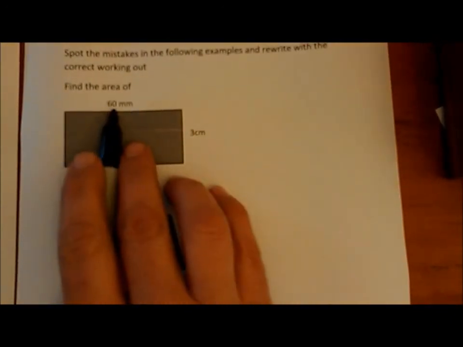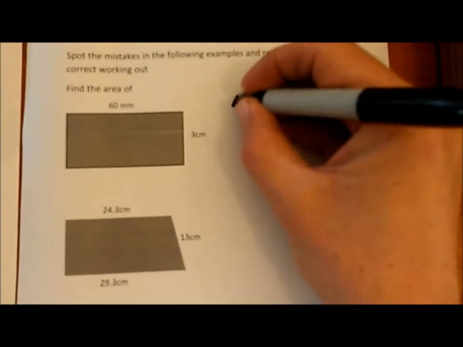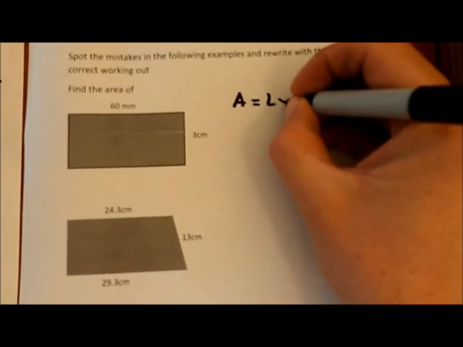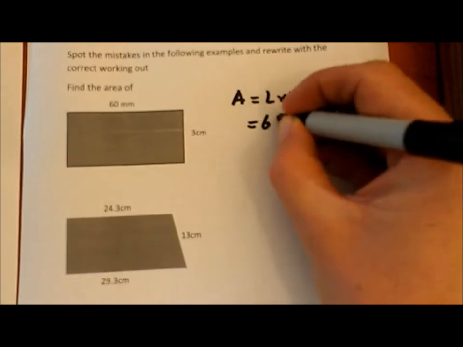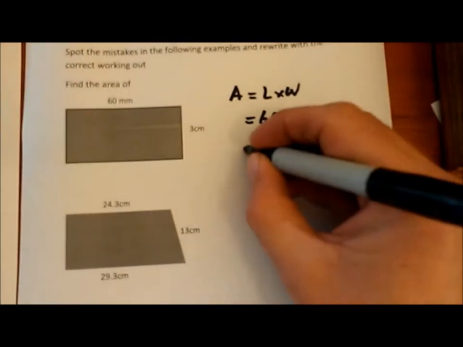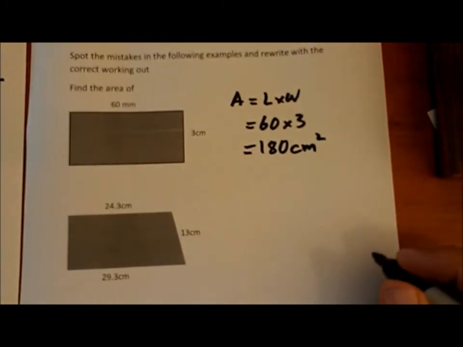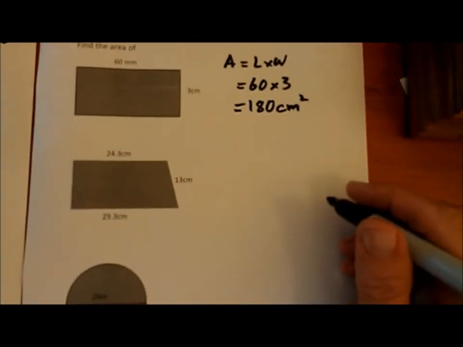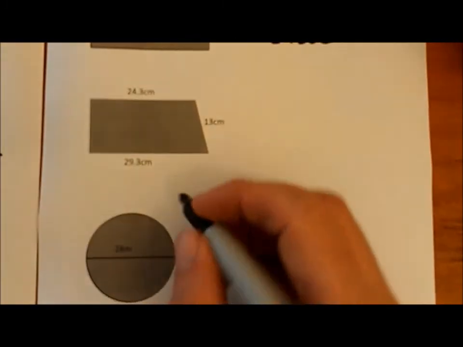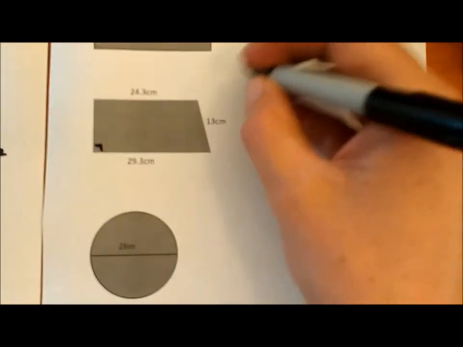So to find the area of this rectangle, 60 millimetres, 3 centimetres, so the area, formula, length times width, 60 times 3, 180 centimetres squared. Okay, the next shape. Recognise the shape, it's a trapezium.